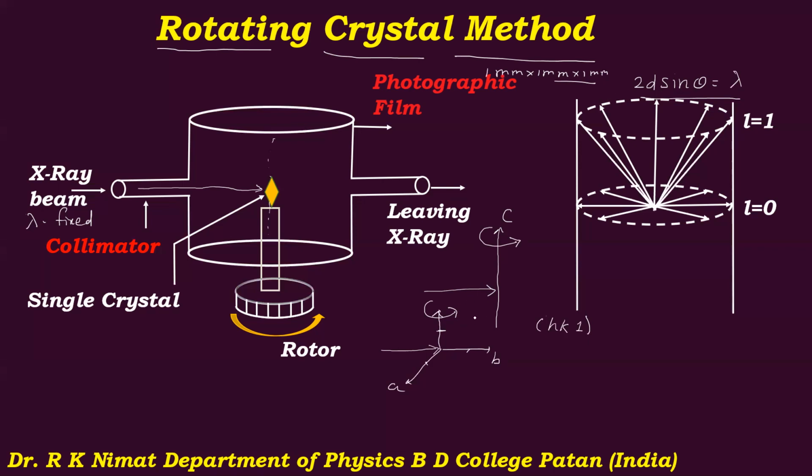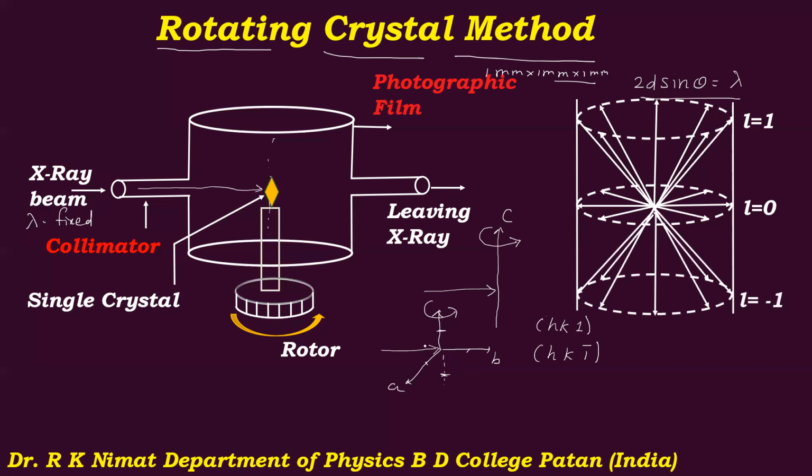Similarly, there will be planes having Miller indices h, k, and -1, or 1 bar. That means the plane is making an intercept of unit distance along the c-axis on the negative side. Again, such a plane which is kept continuously rotating will show the diffraction pattern somewhat like this. So you will observe these layer lines.